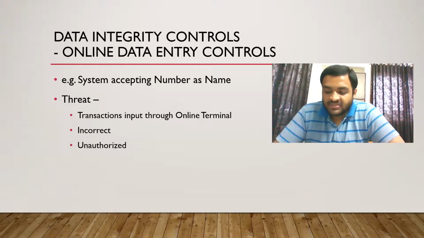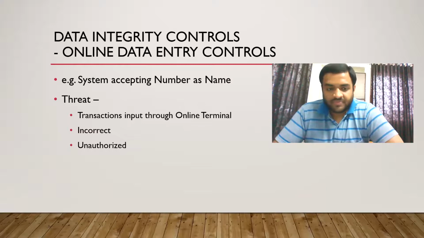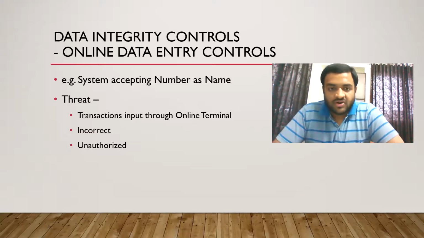Sometimes we will grant access to one app, but inside that app there is another app which will also get the access and your credentials. So that is unauthorized access to the app or unauthorized permission given to the app. So these were the threats: the transactions input through the online terminal were incorrect and unauthorized.